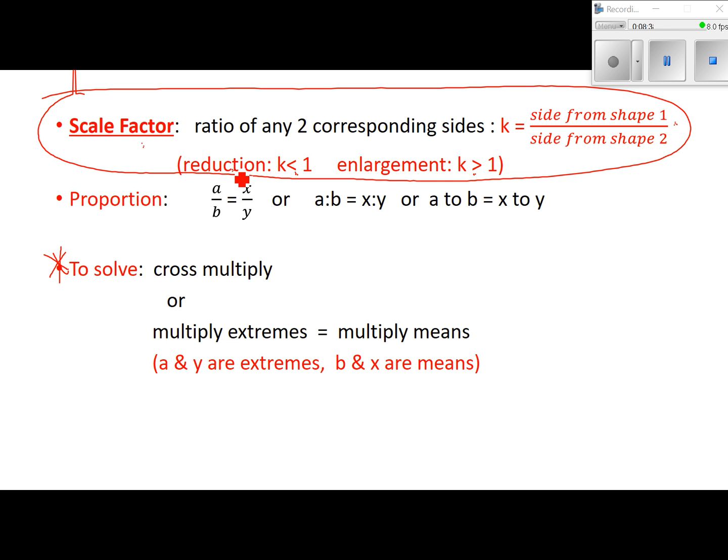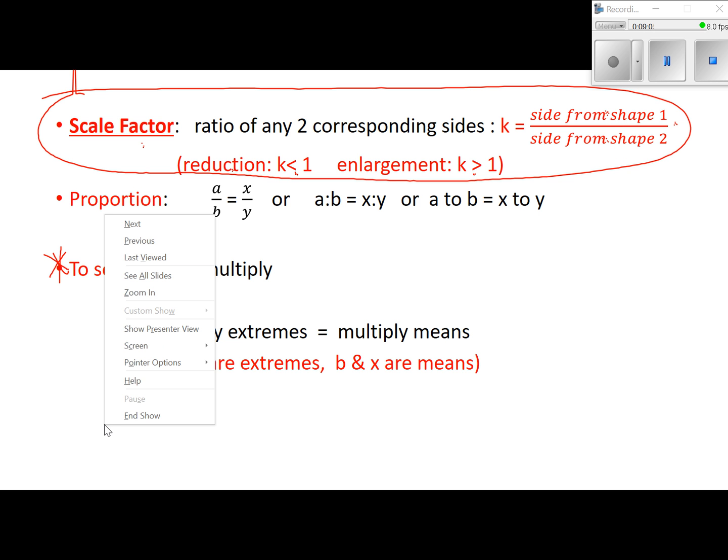A lot of times with scale factors, you have to just know if you're getting bigger or smaller, if you're making a reduction or an enlargement, so that you know how to write the scale factor. If I don't tell you, then I don't care which way you write it, as long as you have the correct numbers in these two locations. It doesn't really matter which one's where. Now I'm going to explain that more in a second.